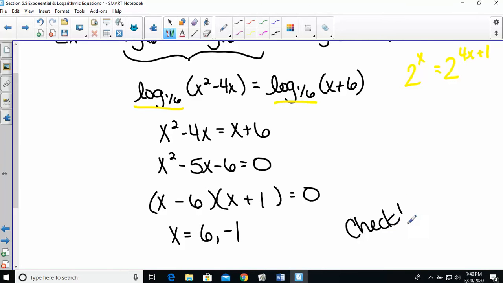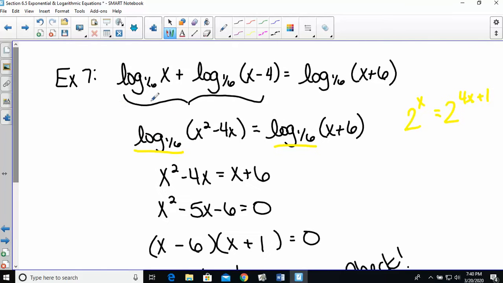But we have to check. Okay, if you plug a 6 in, 6 is good, 6 minus 4 is positive, 6 plus 6 is positive, so that's good. If I put in negative 1, I get the log base 1/6 of negative 1, and you cannot have that. So 6 is the only answer here.